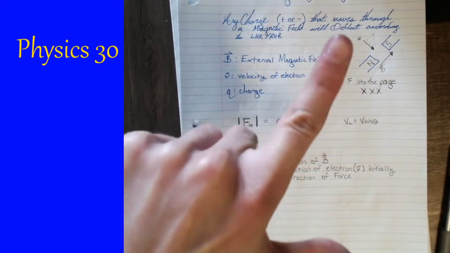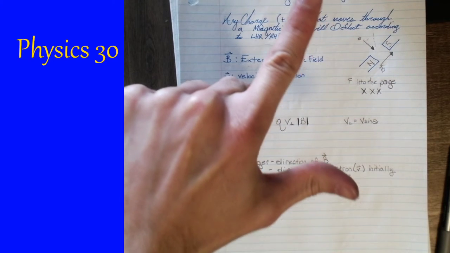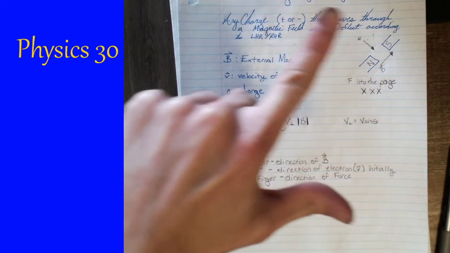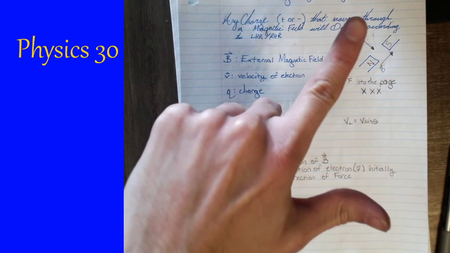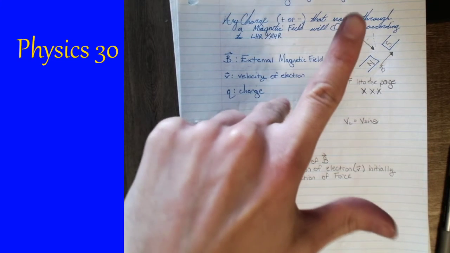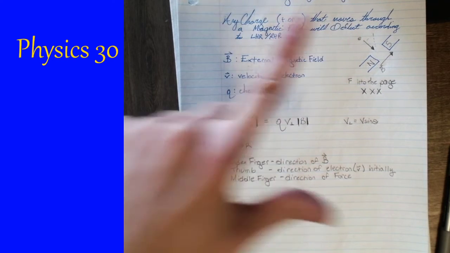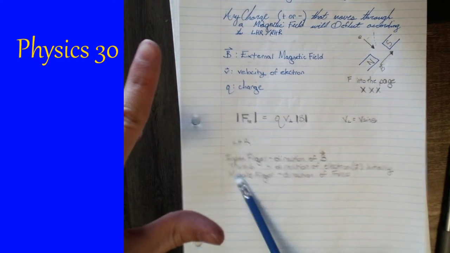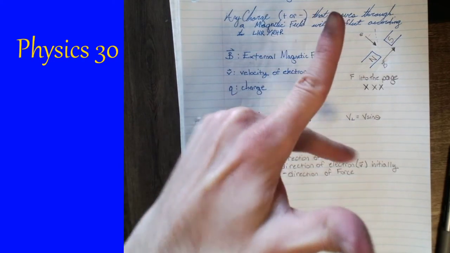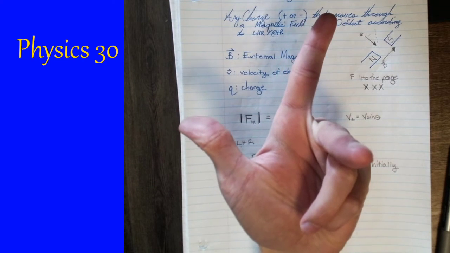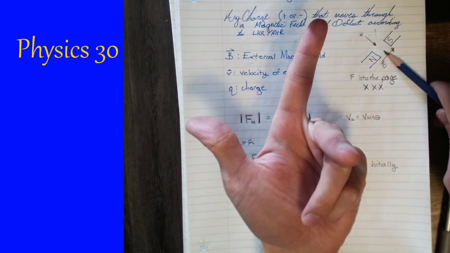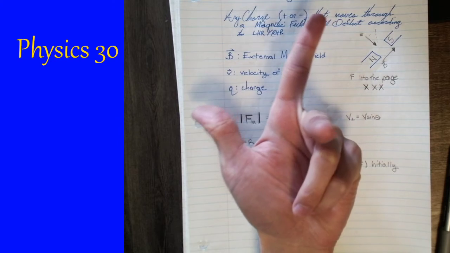Conversely, let's play a little gymnastics here. Let's reverse the direction of the electron. So let's say instead of going in its original direction, we reverse the direction of the electron. Sometimes you have to go back and check, okay, reverse the direction of the thumb. So opposite to what it was. If the electron were moving instead of in this direction, but was going this way, it would deflect upwards.